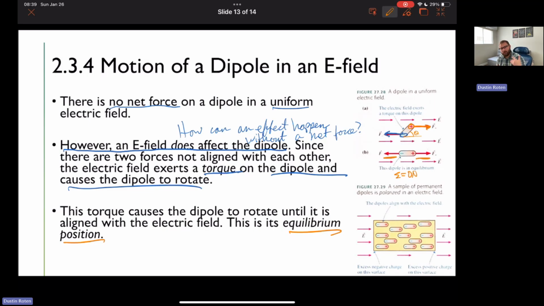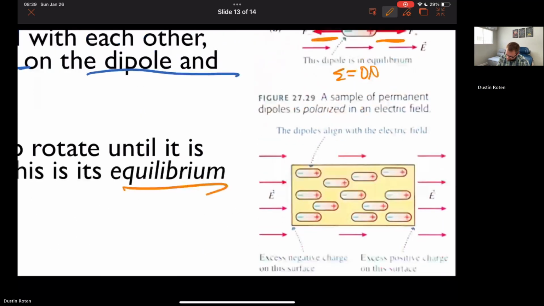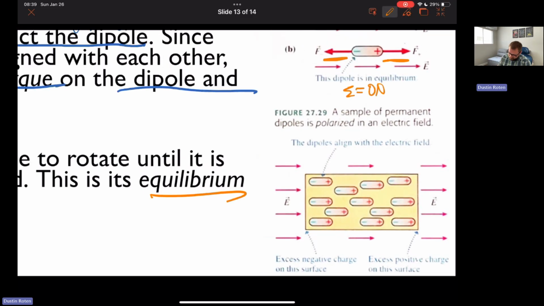You can polarize a dipole by applying an electric field to it. So here you can see a bunch of dipoles placed into an electric field, and then you get this nice, pretty no net force, equal and opposite canceling out alignment of these dipoles inside the electric field.